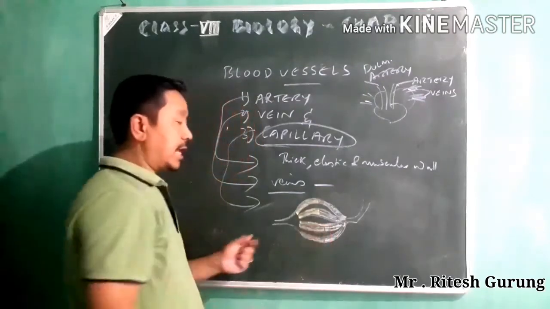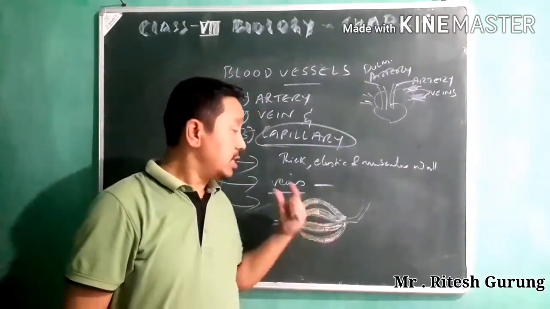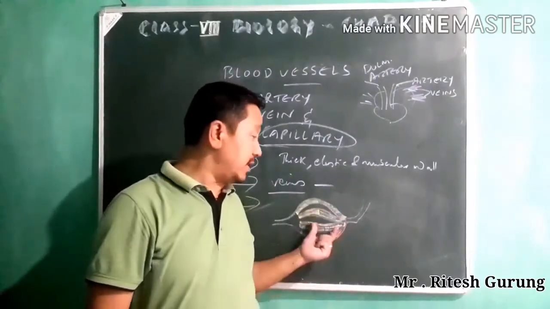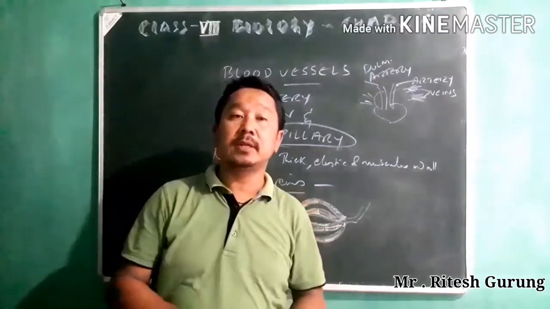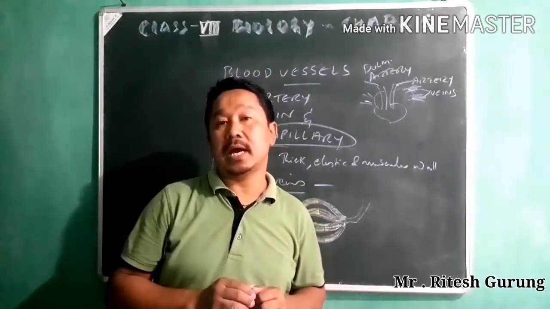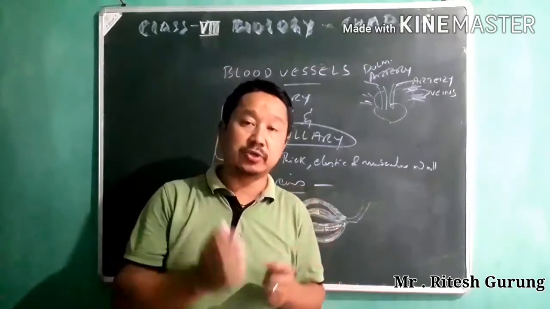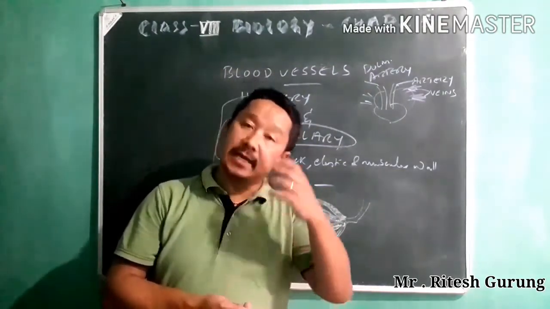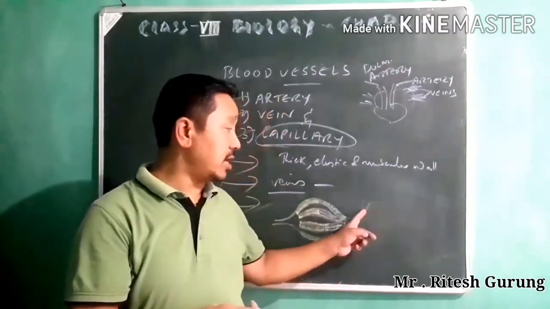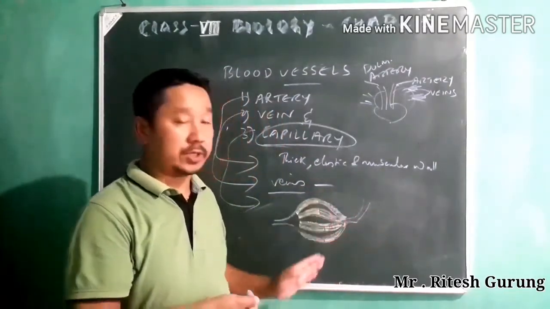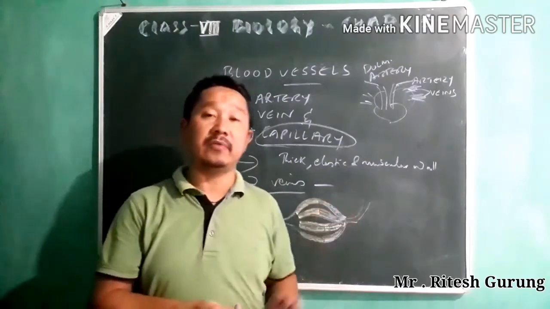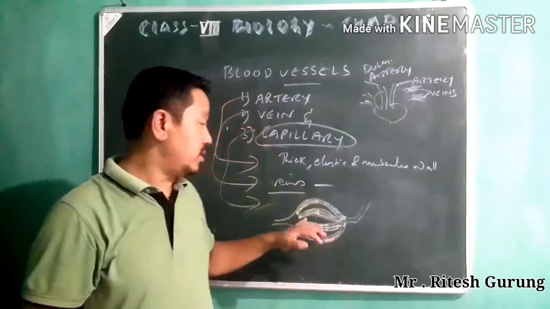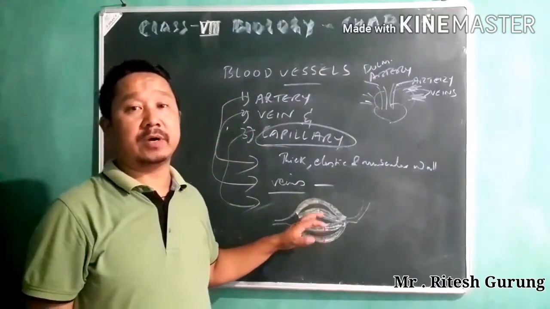So this is actually a capillary. Capillaries are the terminal branches of an artery which rejoin to form a vein. Terminal branches means the ending branches of the artery. So this is your artery which is coming here and then ending out here. These are the ending branches of this artery, which rejoin to form a vein.